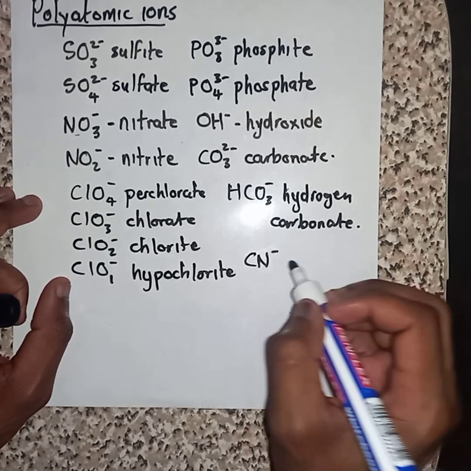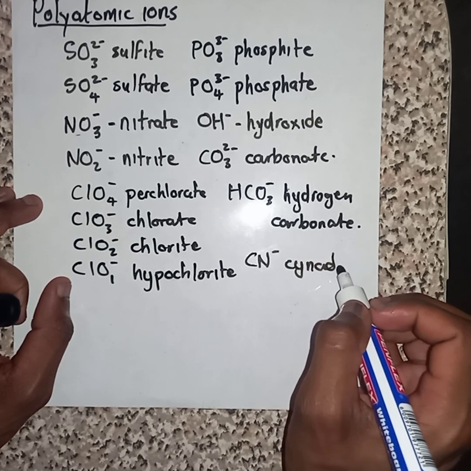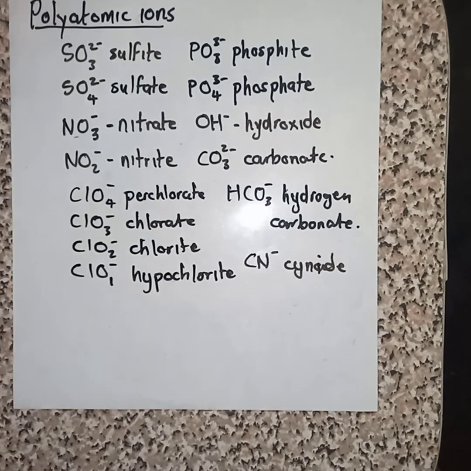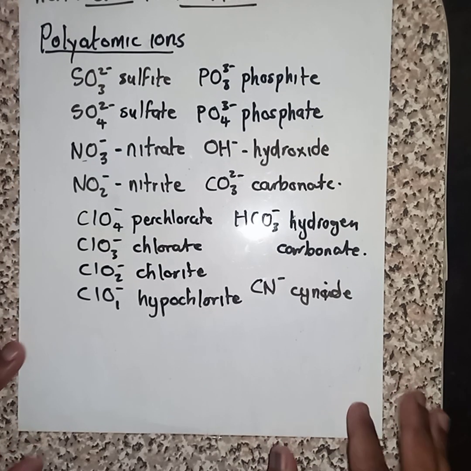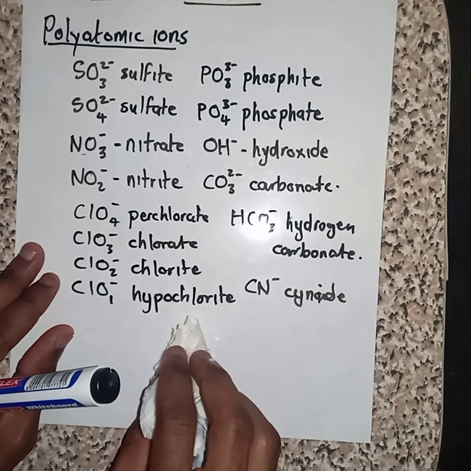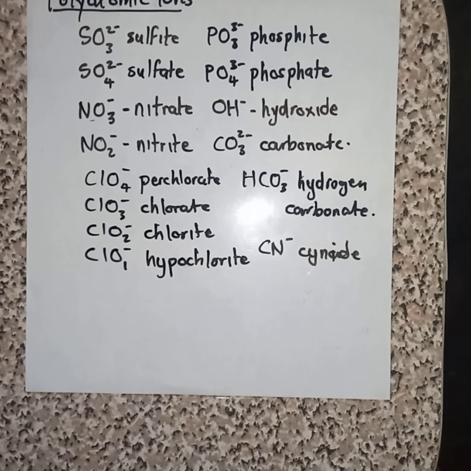Some of them have cyanide. See, you must know these polyatomic ions. You have to practice them to be able to tackle such problems, which I'm going to do with you right now.